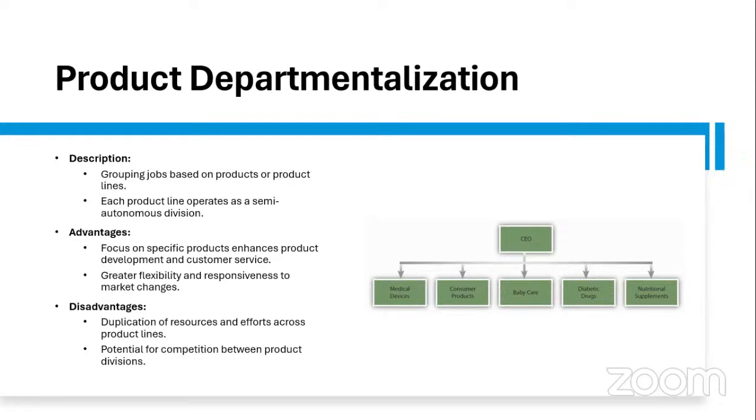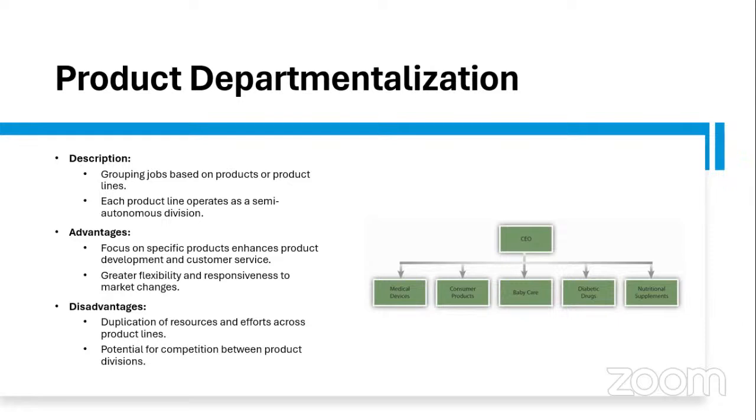But in this product departmentalization, each product now forms a division. Each product. So we can have things like medical services, consumer products, baby care, diabetic drugs, nutritional supplement. All of these are independent. Under them, you have the staff responsible for them.